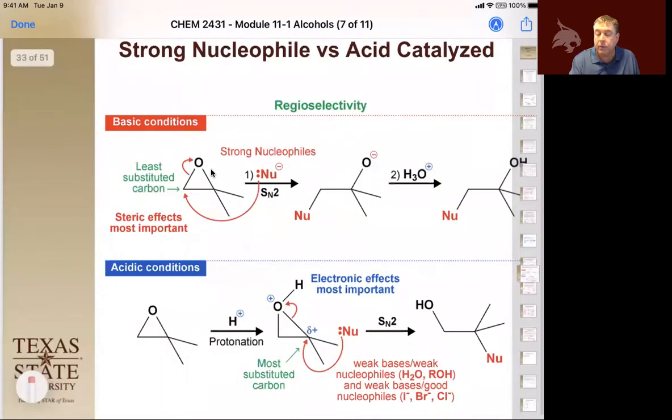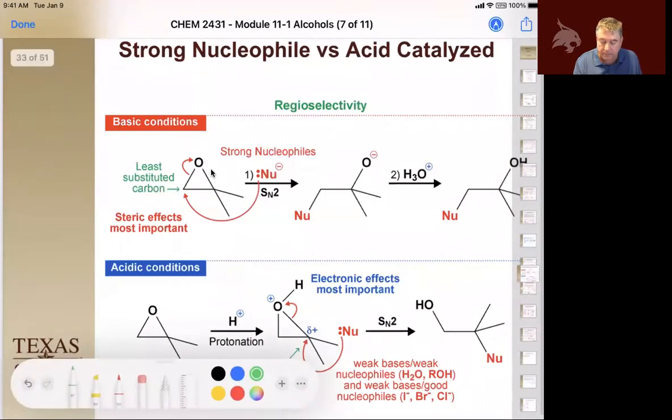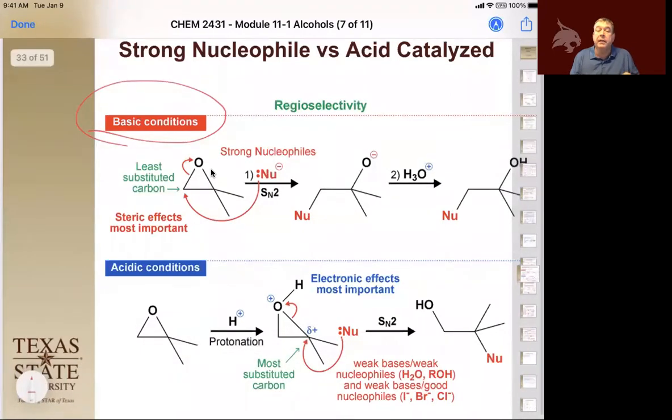When we talked about our normal SN1, SN2 type reactions, sterics was a dominating factor, right? So in the case of this first one under basic conditions, meaning that we don't have any acid, meaning that we have a nucleophile that's probably already deprotonated, okay? When we have that condition, the nucleophile is going to go to the least sterically hindered carbon, the least substituted carbon, and undergo an SN2 type reaction.